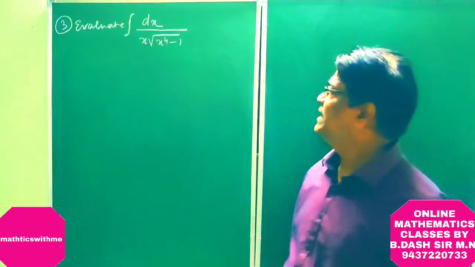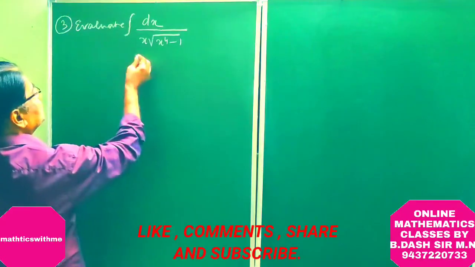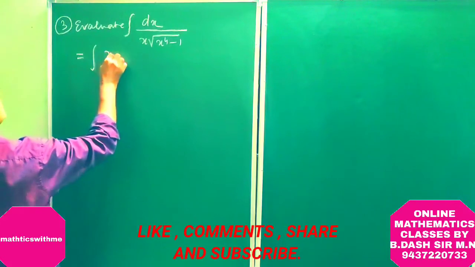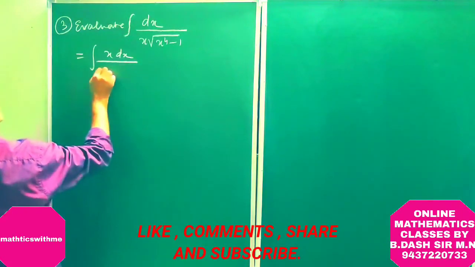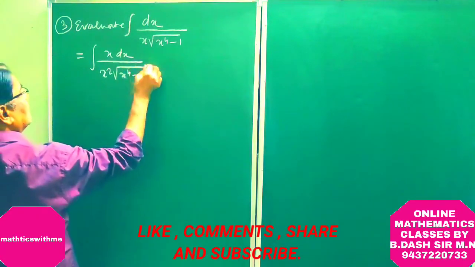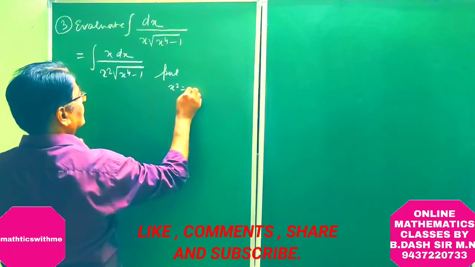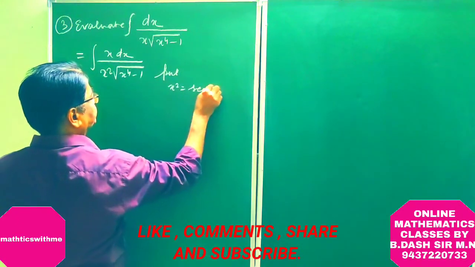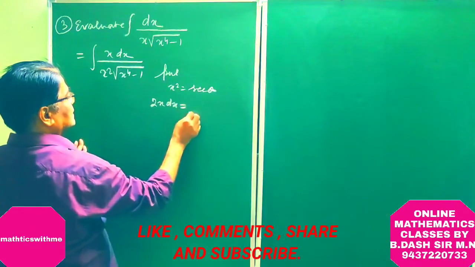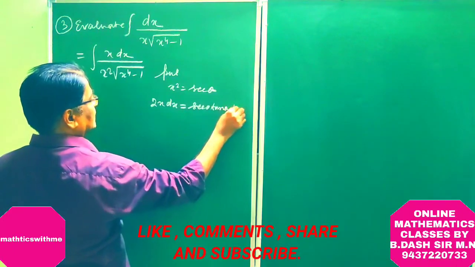Our next question is evaluate integration dx by x root of x to the power 4 minus 1. This is equal to x dx divided by x square root of x to the power 4 minus 1. Put x square is equal to sec theta. So then 2x dx is equal to sec theta tan theta d theta.